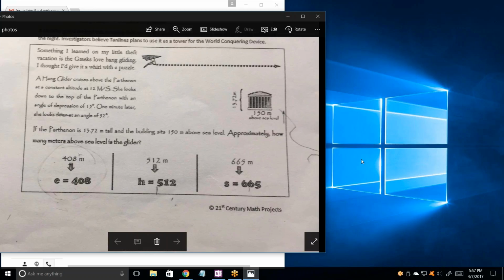So is this problem inside the rectangle? Yes. I'm reading it, excuse me. No, you're good. Take your time.